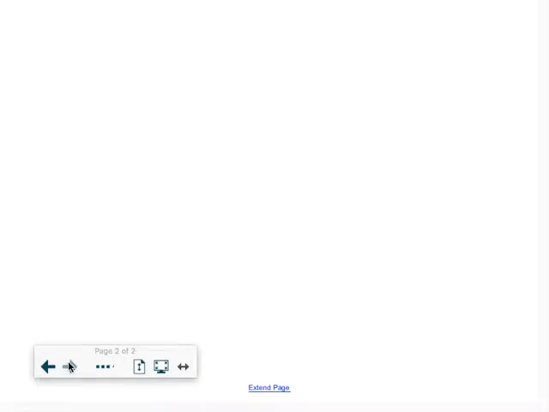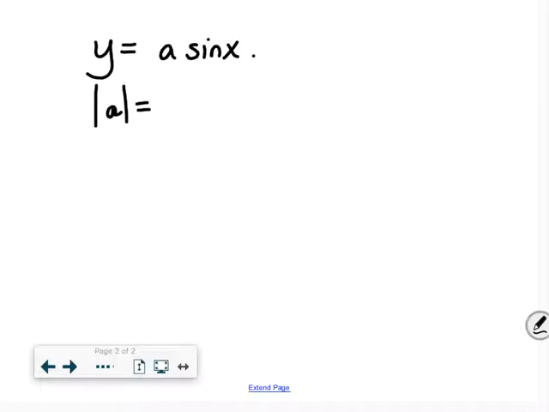All right, so let's write the general form. If I have y equals a sine x, the absolute value of a, and it does have to be absolute value, is the amplitude.